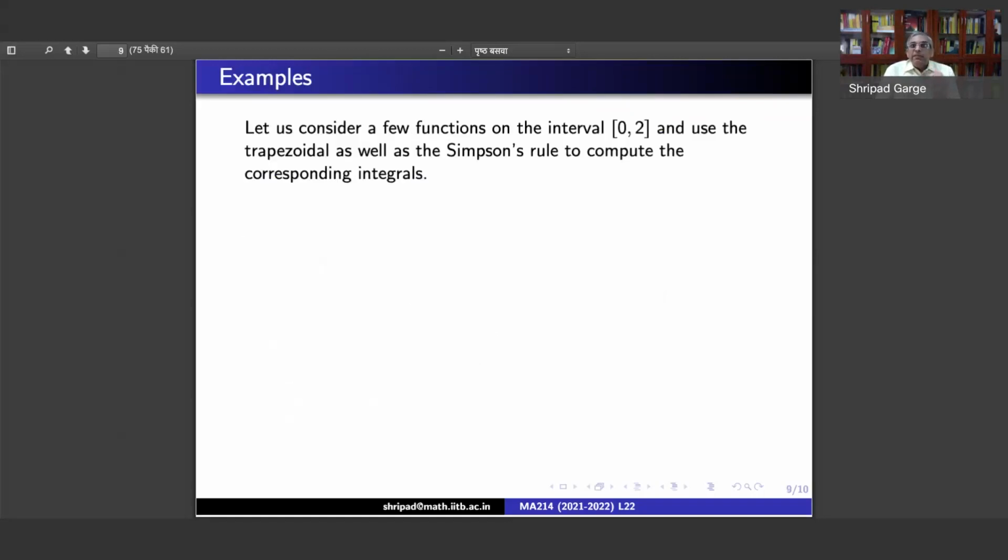So we fix our interval to be 0 to 2. The length of the interval is now 2, and we use the trapezoidal as well as the Simpson's rule to obtain integrals of some functions. Note the formulae.